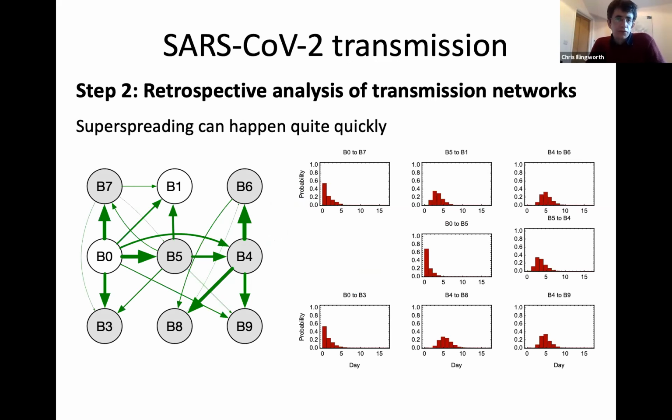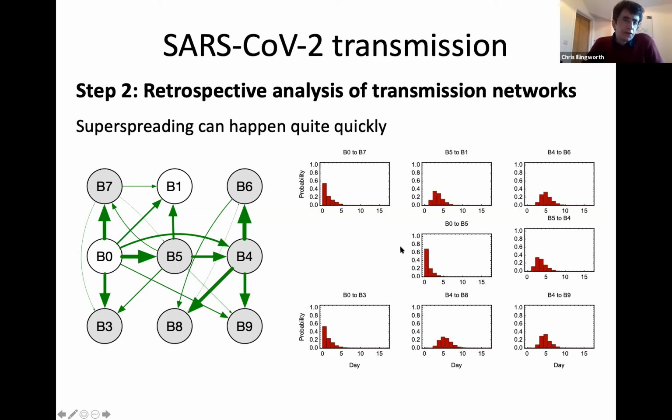This is another thing we can do from our model: go back and infer at what time these events happened. I don't know whether this is too small or not, but if you look at when B0 infects B5, B3, and B7, these are the inferred times according to the recipient individual.